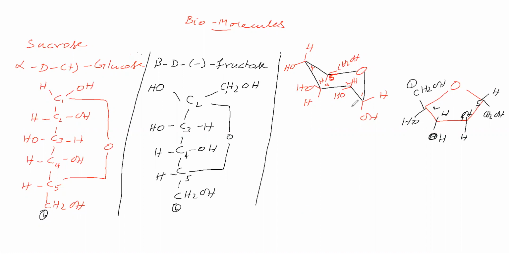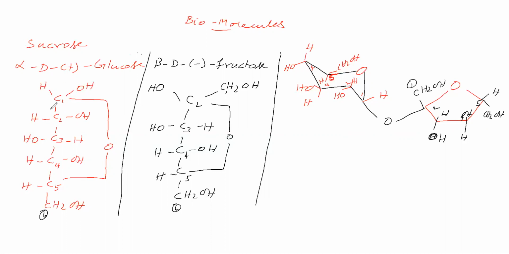Now in this, the C1 carbon OH group and C2 carbon OH group go for glycosidic linkage. Now we will write that glycosidic linkage. Glycosidic linkage means from both OH groups a water molecule is leaving, remaining is one O. This is called glycosidic linkage.